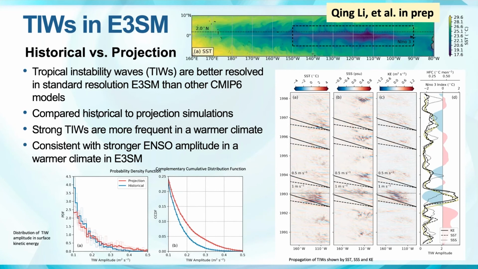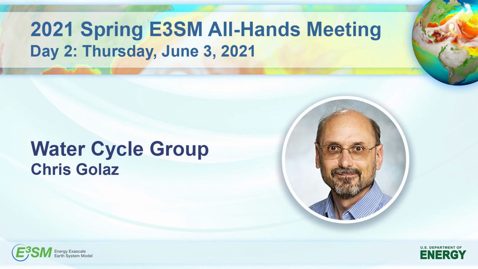And he also compared the historical versus the projection, and the strong tropical instability waves become more frequent in a warmer climate, as you can see from the PDF or the cumulative distribution function down there. And this is consistent with stronger ENSO amplitude in a warmer climate in E3SM. And that's all I had.